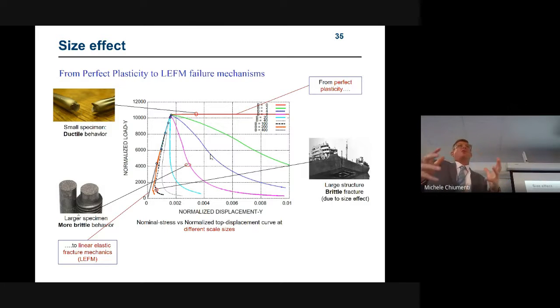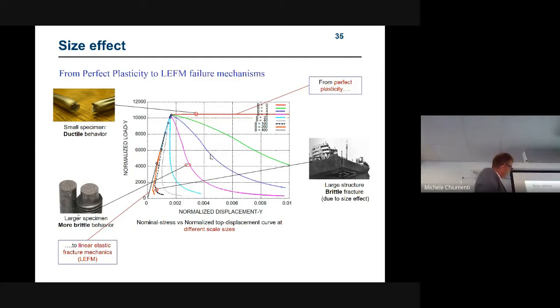Another thing that I think you know, and if you don't know, it's better to know, is that if you perform exactly the same experiment, a tension test, changing only the size of the specimen, with the same mesh, the same constitutive model, the same everything, you just resize the specimen from small to big, from millimeters to meters, with exactly the same constitutive equation, typical elastoplasticity.